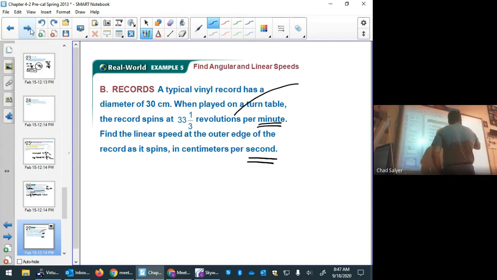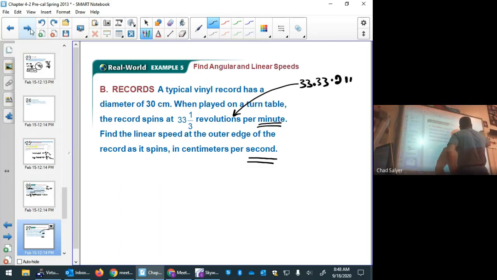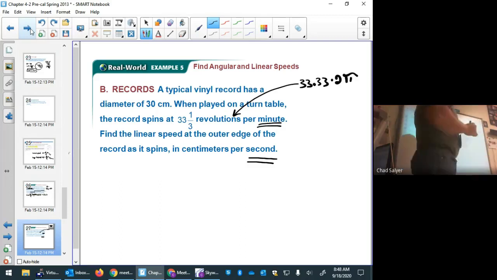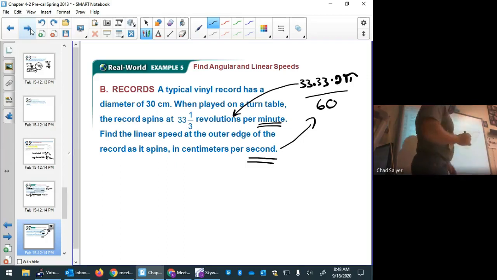So the speed per minute is 33.33, that's close enough, times 2 pi, and that's per minute. Do you see how we'd have to divide that by 60 to get the speed in radians per second? Because to convert from minutes to seconds, we divide by 60. So we divide by 60 to account for that.